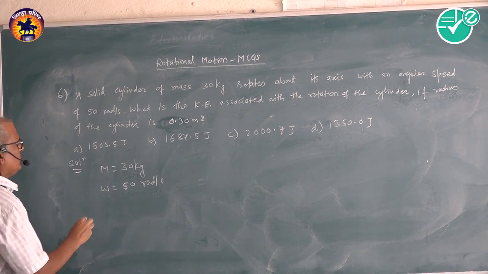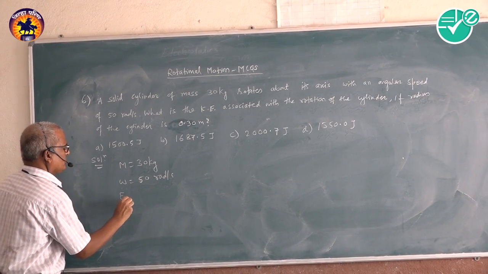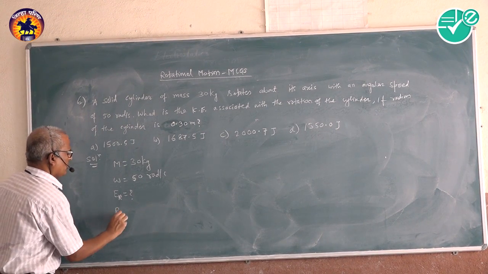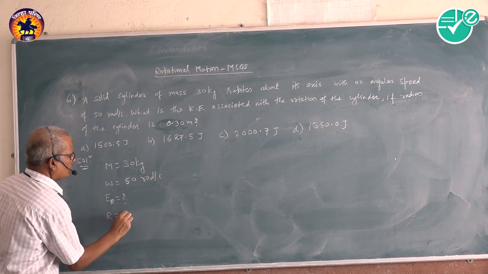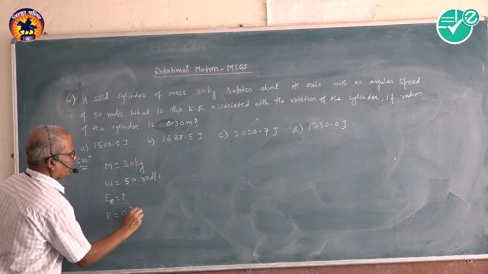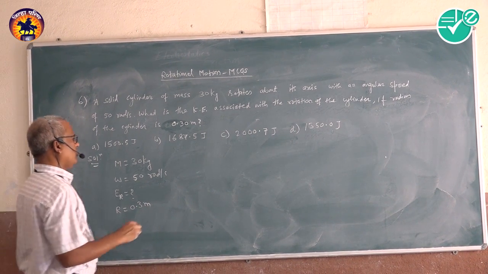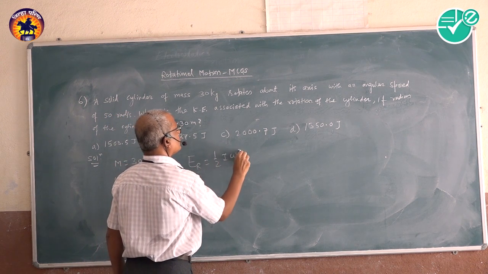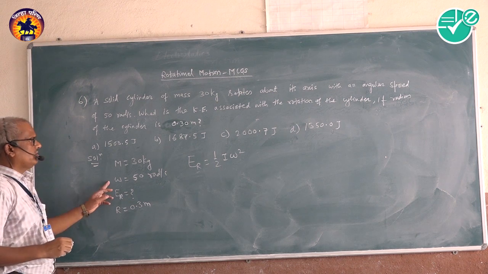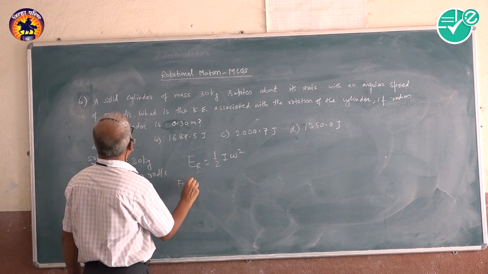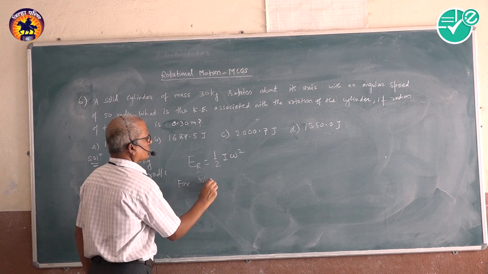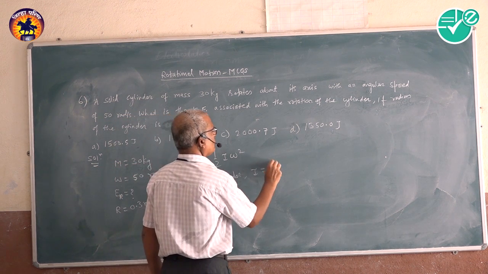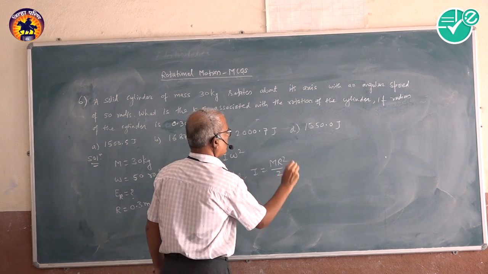What is the kinetic energy? Means here is the rotational kinetic energy. So E rotational, ER, question mark, and radius, that is R is equal to 0.3 meter. We have the formula E rotational, 1/2 I omega square. Omega is given. For solid cylinder, I is equal to mr square by 2.